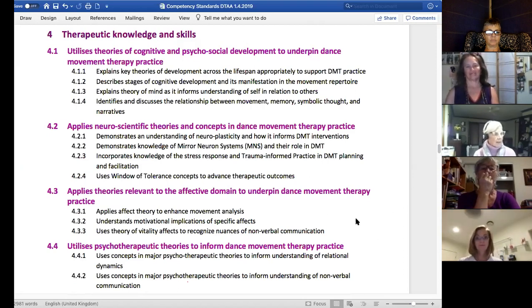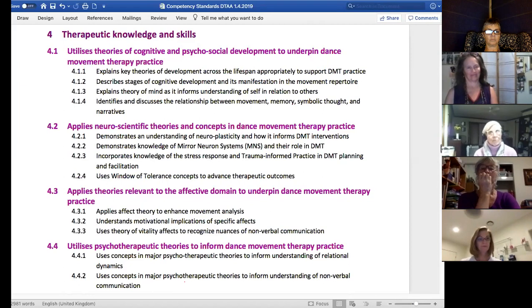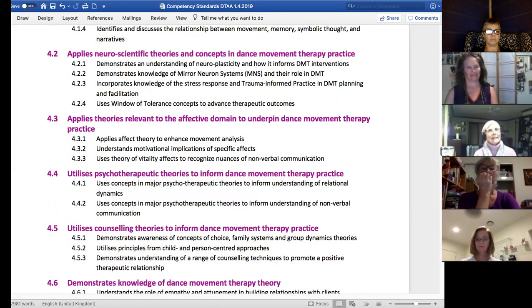The second one is, of course, important: the neuroscientific theories. They're what excites people about dance therapy, and they're getting a lot of headlines, but it's important that we can talk about them.